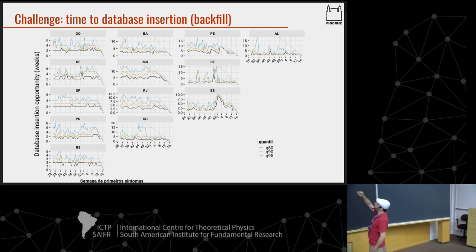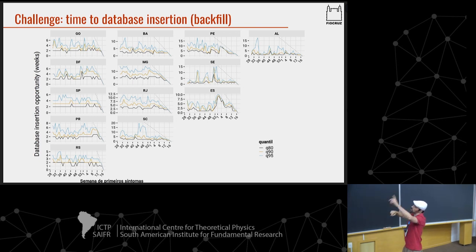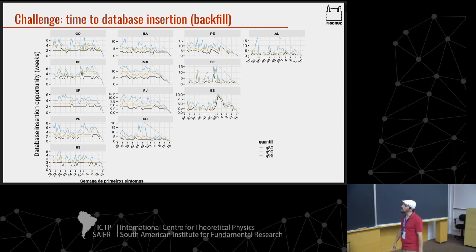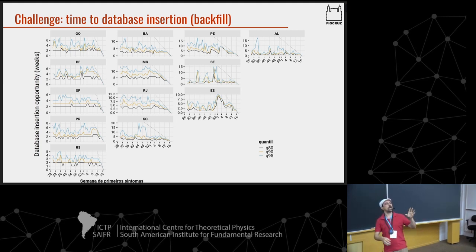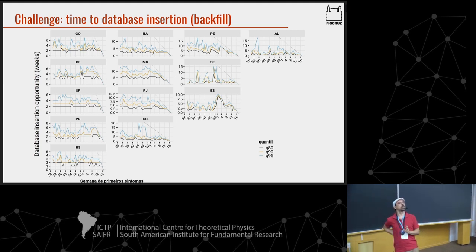For each of those plots, the vertical axis, the y-axis, is the number of weeks between case onset and date of database insertion associated with all the cases that happen at any particular week.